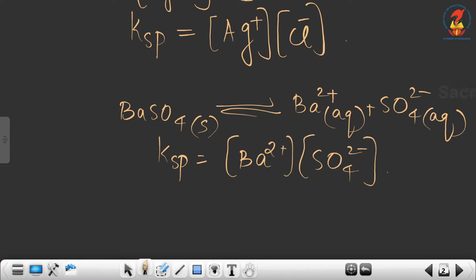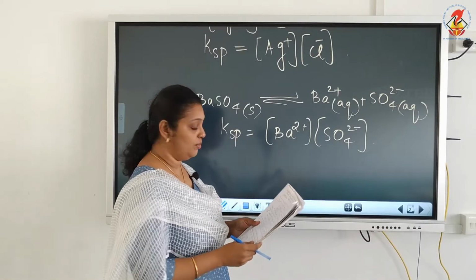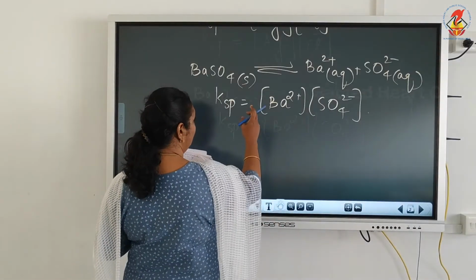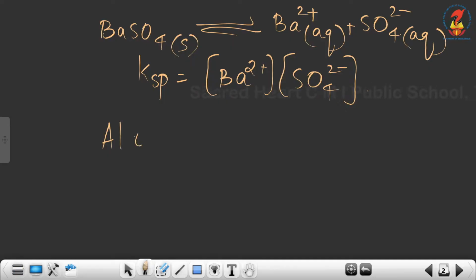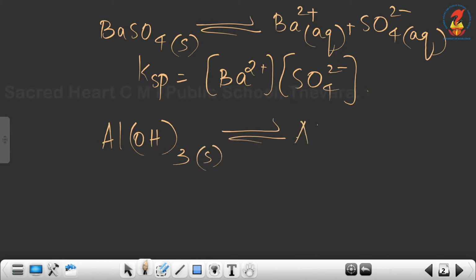Now the next question is for aluminium hydroxide: write the expression for solubility product. Again, first let's write the equation. Aluminium hydroxide is a solid, it dissociates to give aluminium ion Al3 plus.